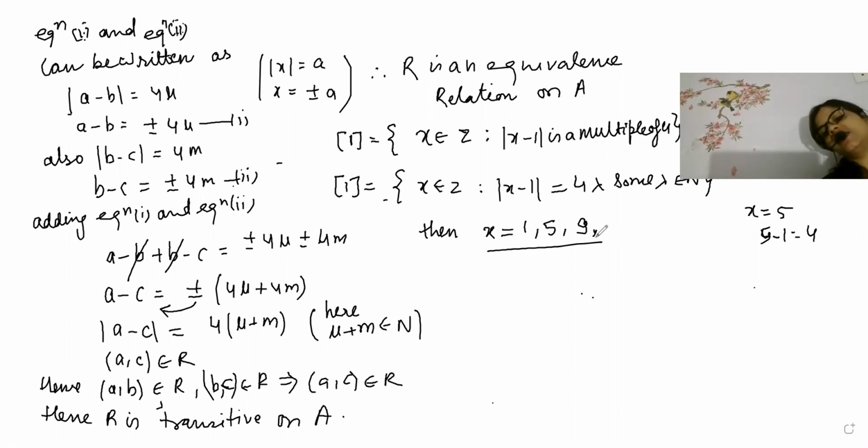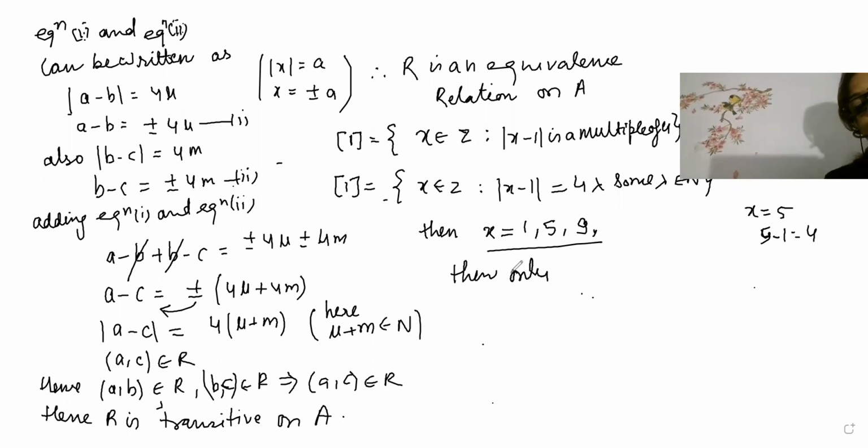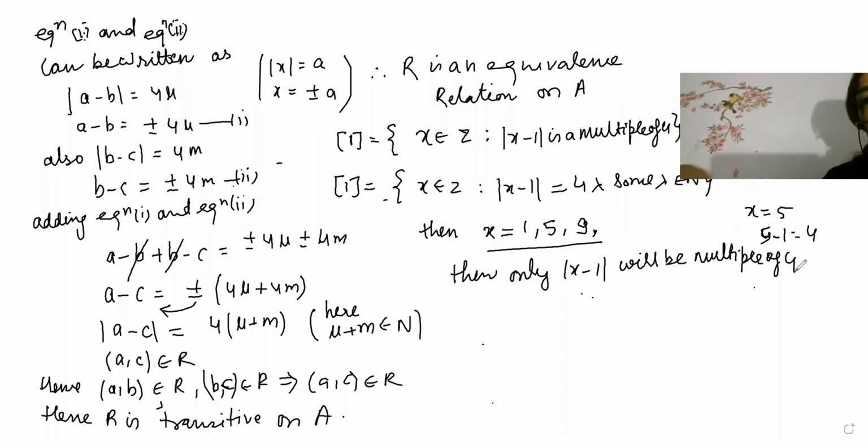So when x is either 1, 5 or 9, then only modulus of x minus 1 will be a multiple of 4. Okay, so that means one by one you have to put the value of x, and accordingly you are getting the value, because y is already fixed.